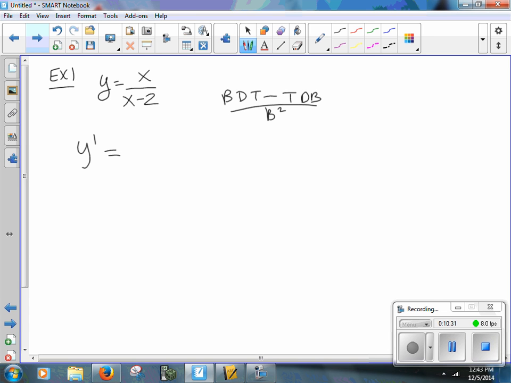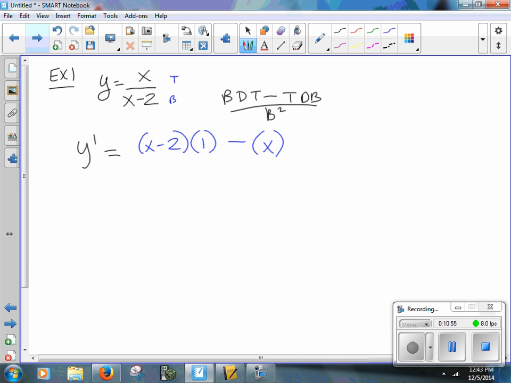The more you write that, the quicker it is going to be for you to remember how to do this. I hope you're paying attention and figuring this out. So we got our top, we got our bottom. Folks, what's the bottom? X minus 2. Times what's the derivative of x? 1.